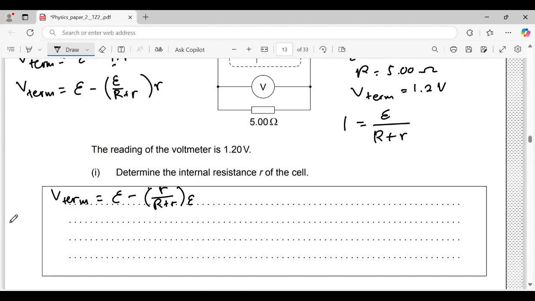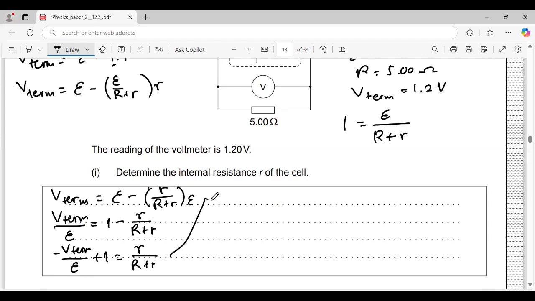I would like to factorize and divide, so V terminal over epsilon equals 1 minus r over R plus r. Moving terms, minus V terminal over epsilon plus 1 equals r over R plus r.